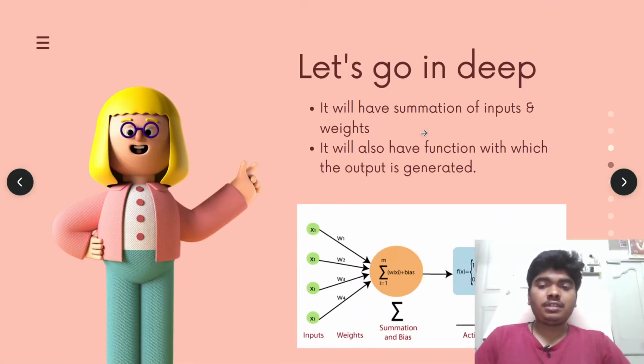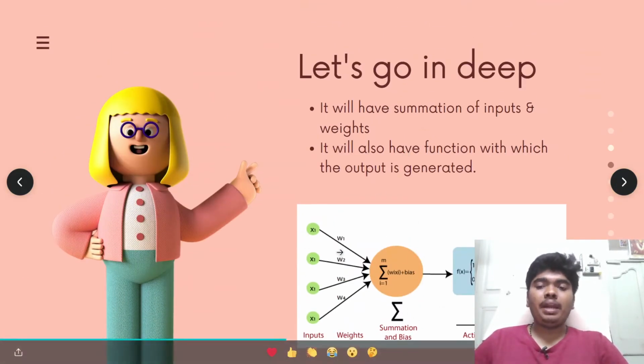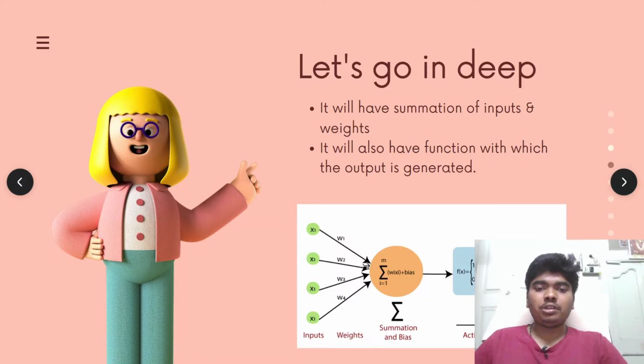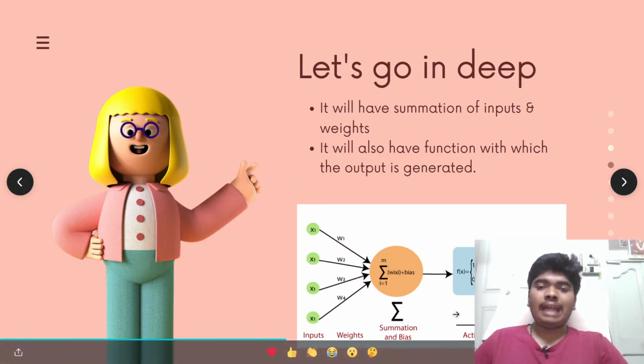If we get deeper, this is a diagrammatical representation of the perceptron. Here we can see it will have the summation of inputs and weights. The inputs are the inputs which we get through the artificial neural network, along with the weights of those inputs. The summation of both comes into this part, and there will also be an activation function.